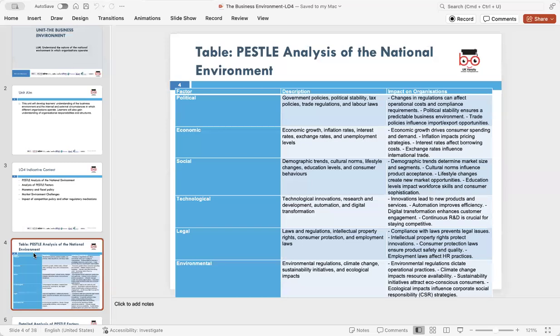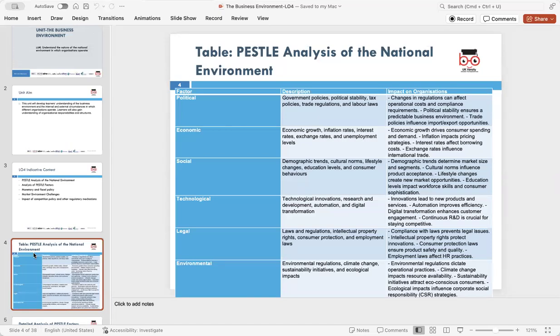So political factors cover government policies, political stability, tax policies, trade regulations, and labor laws. Government policies can have a profound effect on business operations by altering costs and compliance requirements.